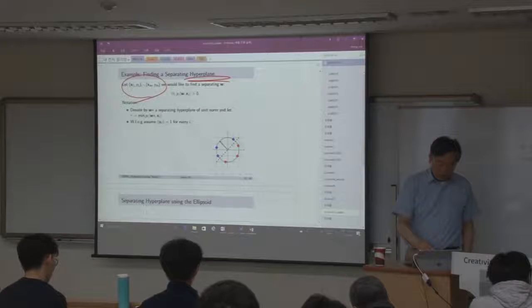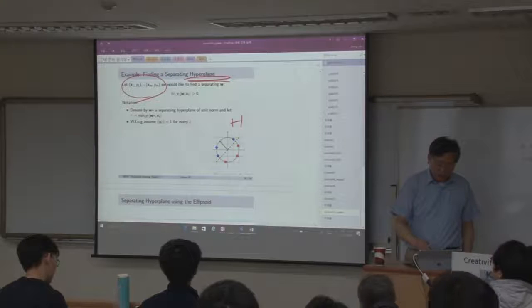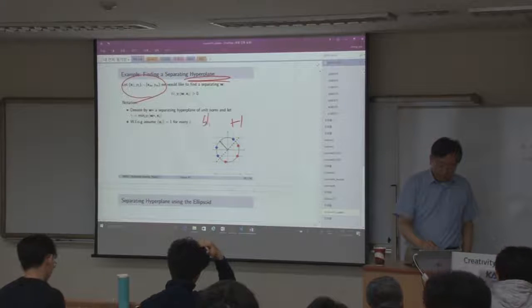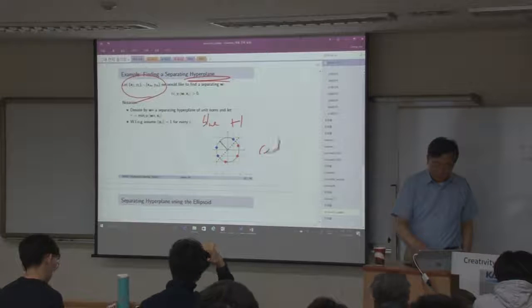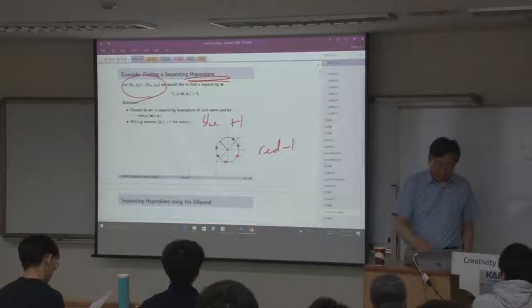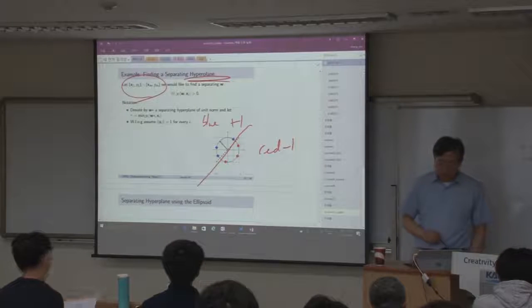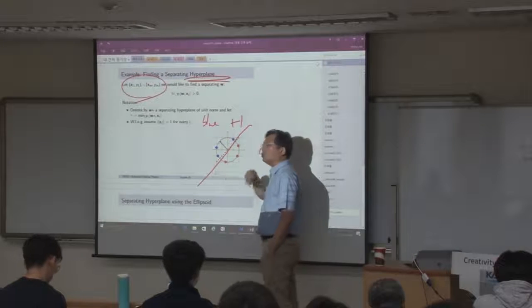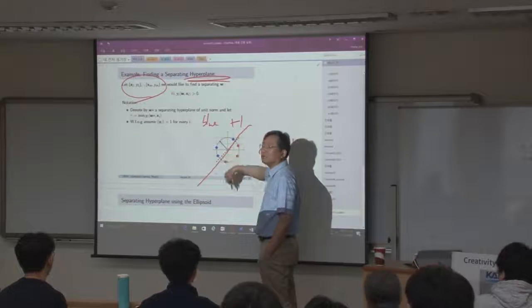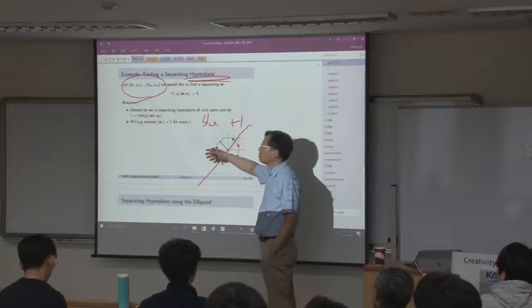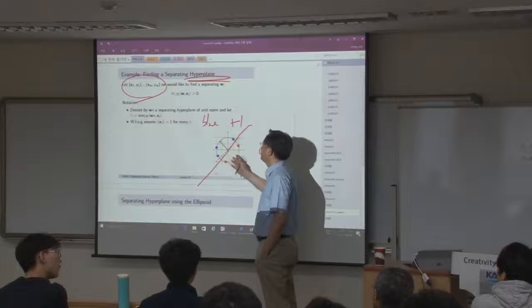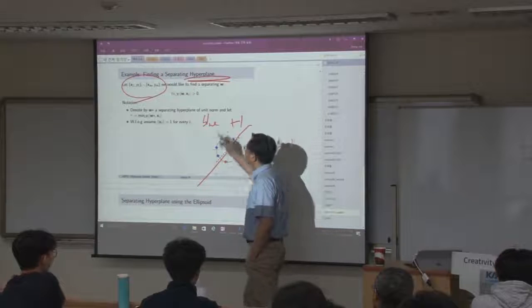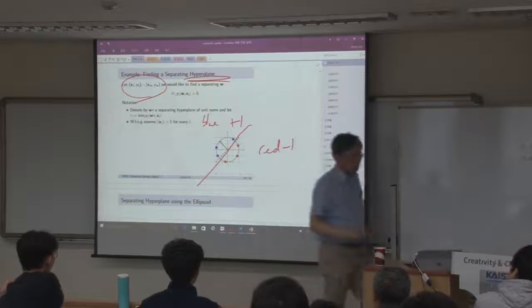Okay, so here separating the blue, which has label 1, and the red with label -1 by a hyperplane like that. Now if the line is correctly placed, that separates the plus ones from the minus ones correctly, then this condition is satisfied.